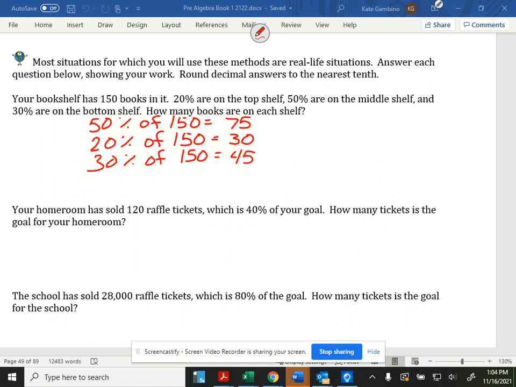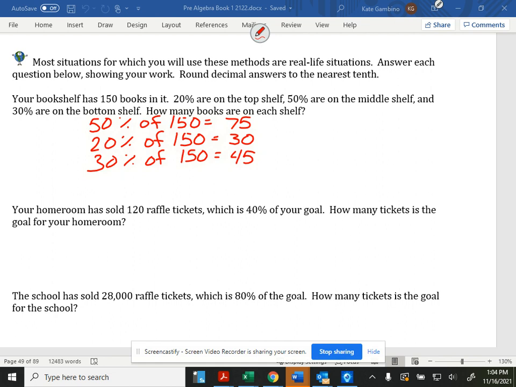So for this one, there's actually multiple different ways you could go about solving it. Okay, this one's not as straight cut as the other ones where we're putting in the part, the whole, and the percentage and using it. My brain automatically went to, oh, well, 50% of 150, I know that's half of it, right? So that one was easy.